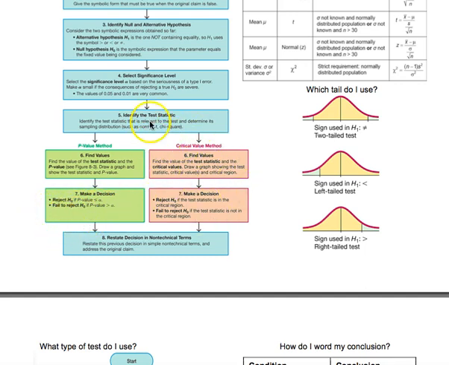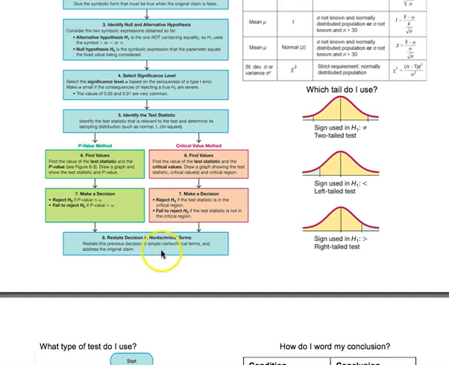For the critical value method, we find the test statistic and the critical values, meaning we're looking to find whether those values are in the rejection region or not. If the test statistic is in the rejection or critical region, then we reject the null. We fail to reject it if our test statistic is not in the critical region.